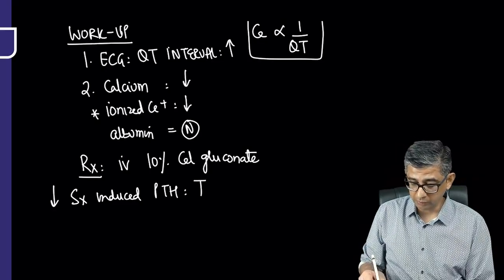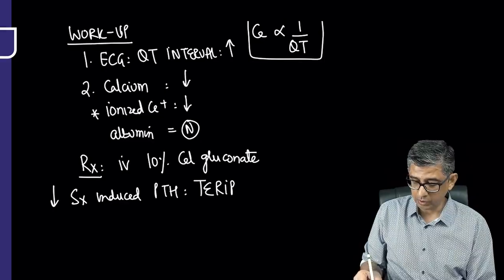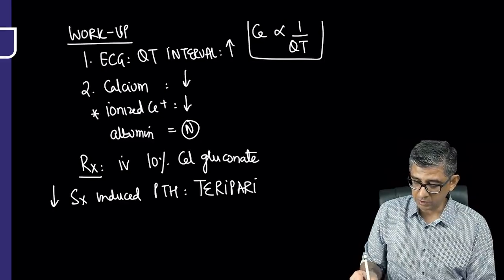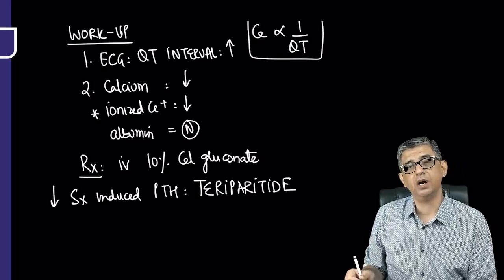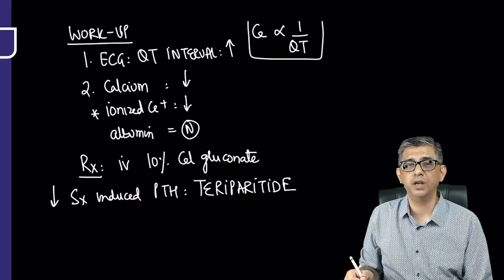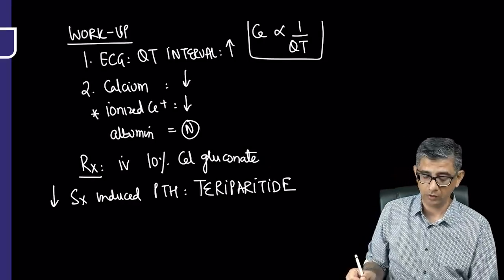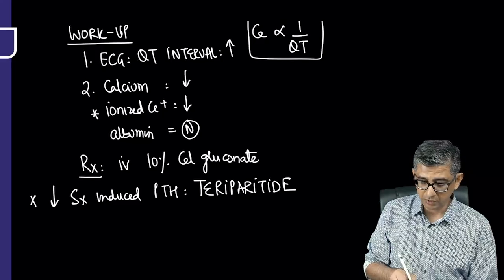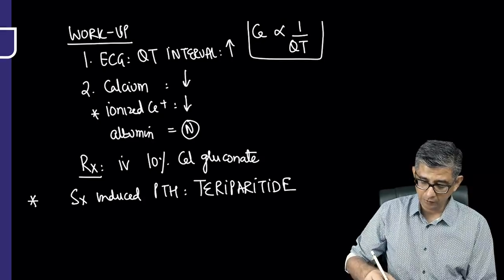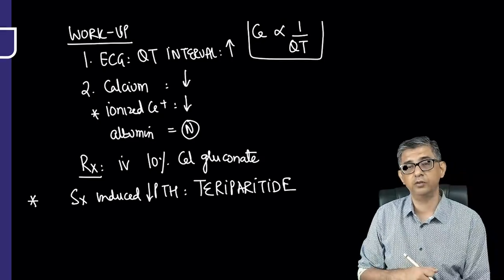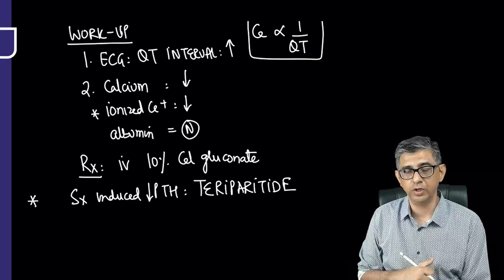So now the person would have to be administered injections of teriparatide, which is like an artificial PTH manufactured in the lab by DNA recombinant technology. So for surgically induced hypoparathyroidism, I repeat once again, teriparatide is the drug of choice.